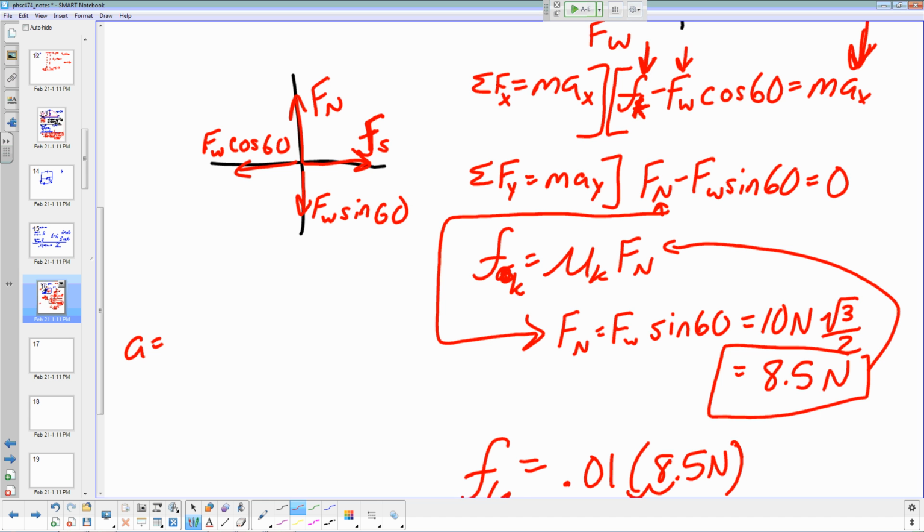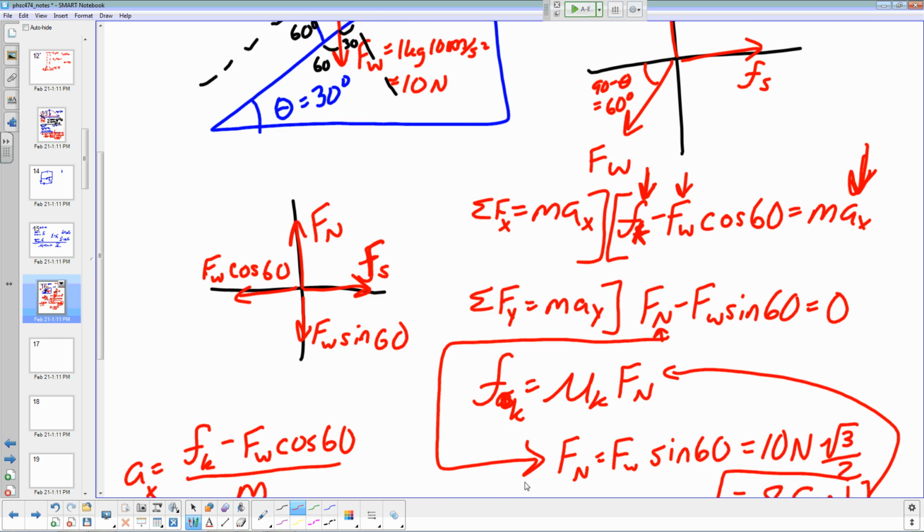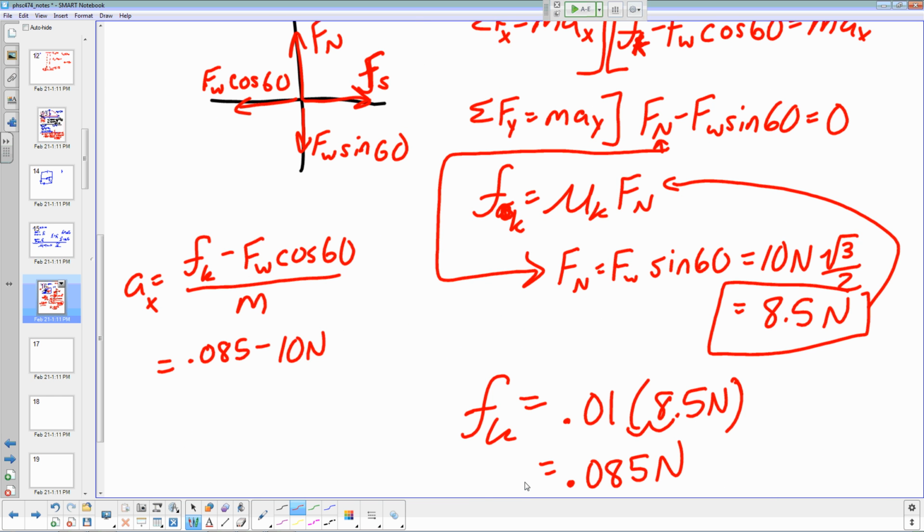The acceleration in the x direction is going to equal Fk minus Fw cosine 60, divided by m. That's 0.085 minus, what was the weight, 10 newtons. Cosine of 60 is a half, divided by my mass, which was 1 kilogram. That's going to be 0.085 minus 5, which is negative 4.915.